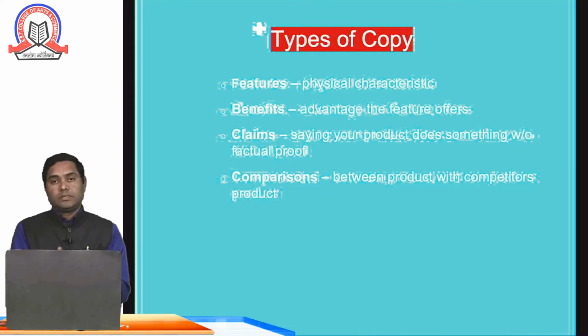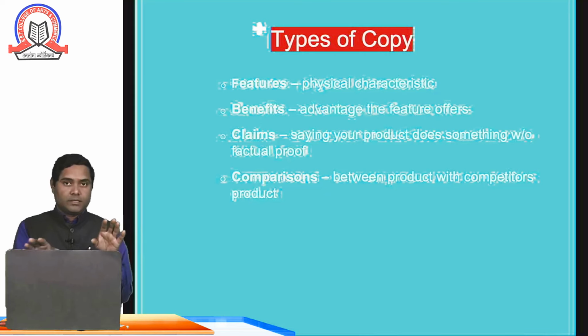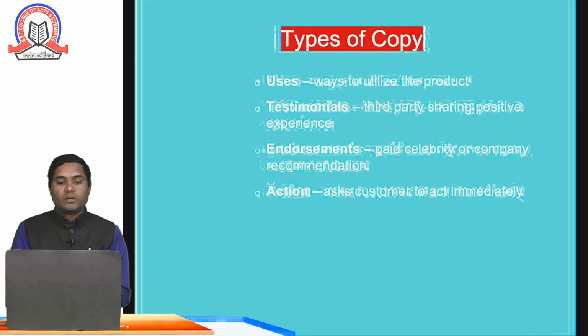Sometimes a comparison is made between two similar products, and they prove that this product is better than that. So this type of copy is comparison copy. Sometimes uses of that product are shown, are written. Sometimes testimonials, third parties sharing positive experiences, are written there.